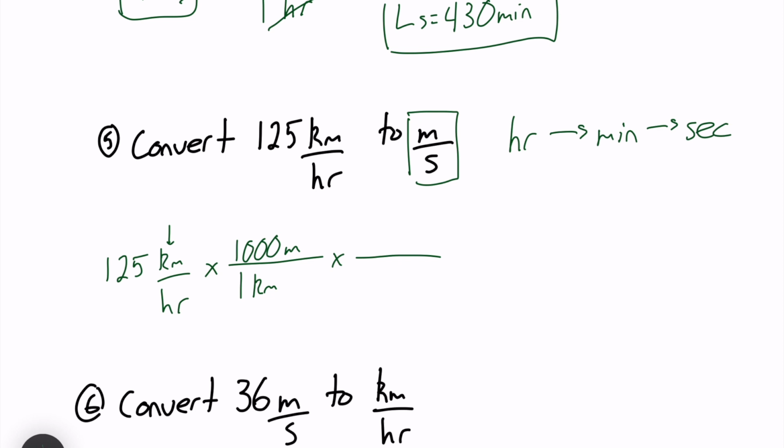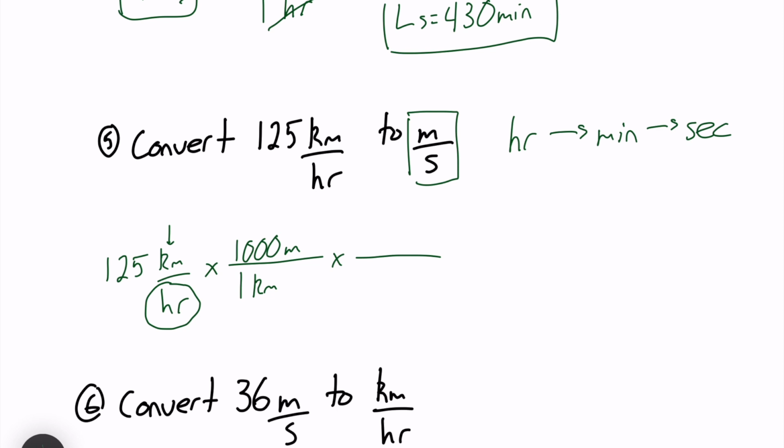Okay. Now a tricky part here is that what I've told you so far is that the units wanted must be on top, but because we have hours on the bottom and we're looking to switch it to seconds, we are actually going to have our units wanted on the bottom for our time portion of this conversion.